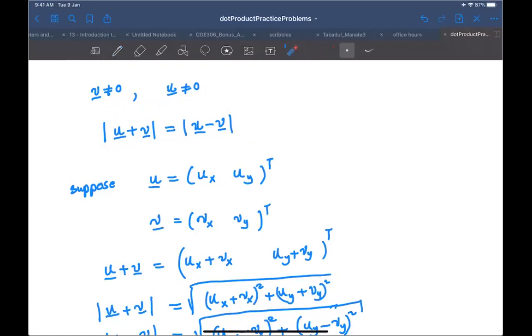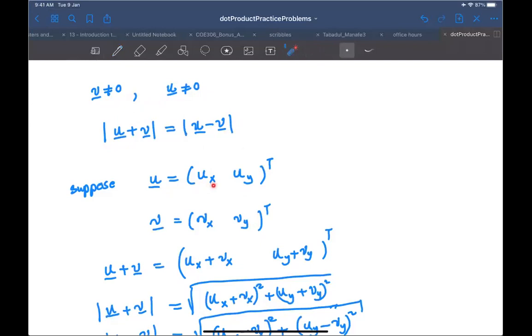So let us say, without loss of generality, that U is a two-dimensional vector, Ux and Uy. If we add the Z dimension, we will just complicate the problem and reach the same conclusion. But just for the sake of this illustration, I'm going to assume that U and V are two-dimensional vectors.